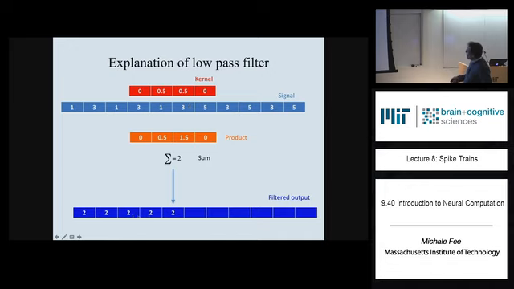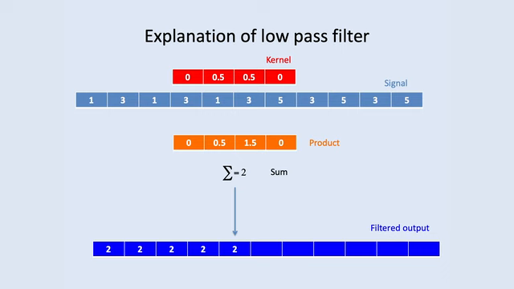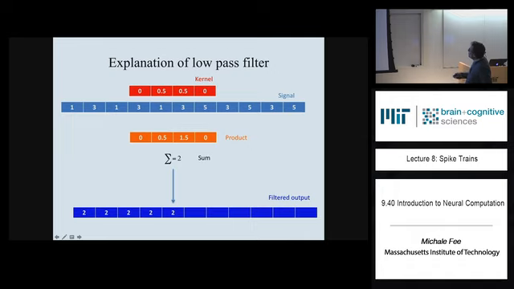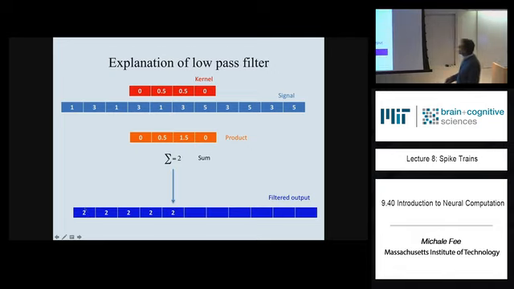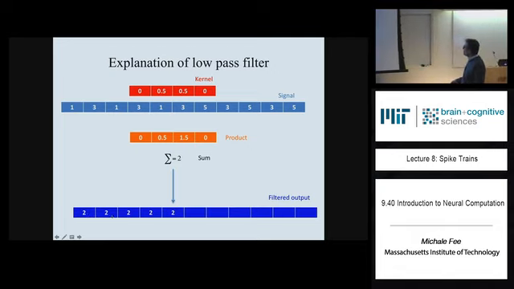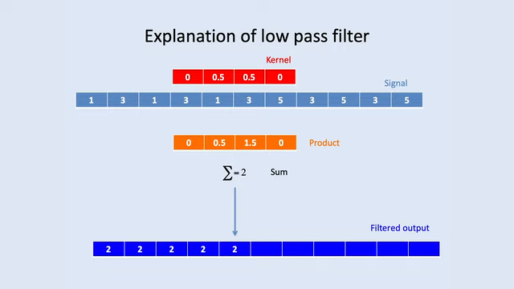I also added the earlier values of the output here. So now we slide the kernel over by 1, we repeat, we get 0, 0.5, 1.5, and 0. Sum that up, we get a 2, and write down that filtered output down here. So you can see that the low-pass filtered result of this signal is 2 everywhere up to here.